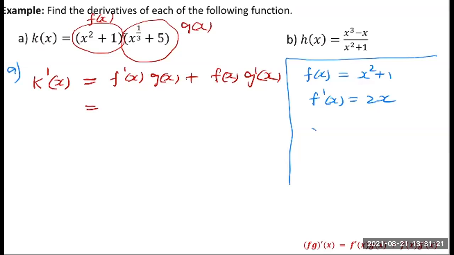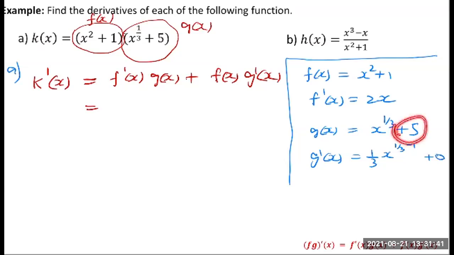Similarly, you can find g of x, which is given to be x to the power 1/3 plus 5. So g prime of x would be the derivative of this one plus the derivative of this one. This is 1/3 times x to the power 1/3 minus 1, plus 0. The derivative of 5 is 0. If you simplify this, you get 1/3 times x to the power minus 2 over 3. That is the derivative of g, or g prime of x. Now we have everything in our hand. Let's go with this formula now.